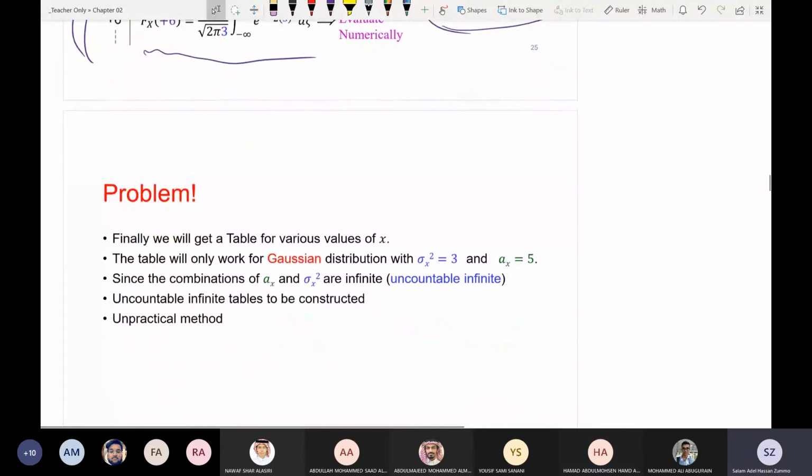However, what this gives me is أنا اللي أبغى table for different values of x. أبغى table that gives me fx of x for different values of x.